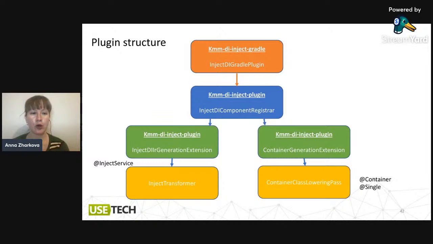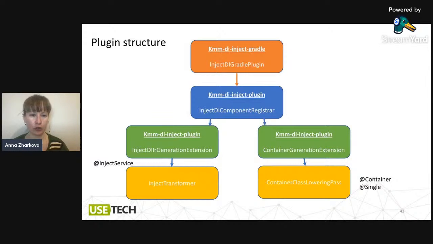Registering is the same purpose we have used before, but there will be some kind of optimization that will look easier and simpler than the previous solution and the injection version. So our plugin will contain first the registering information for our Gradle plugin, and then there will be a component register that will register both extensions for both purposes.